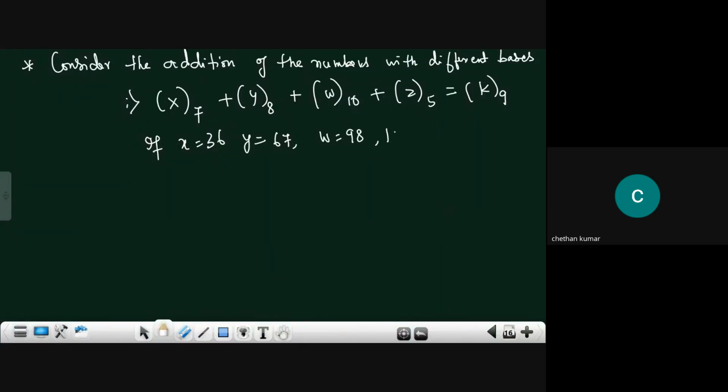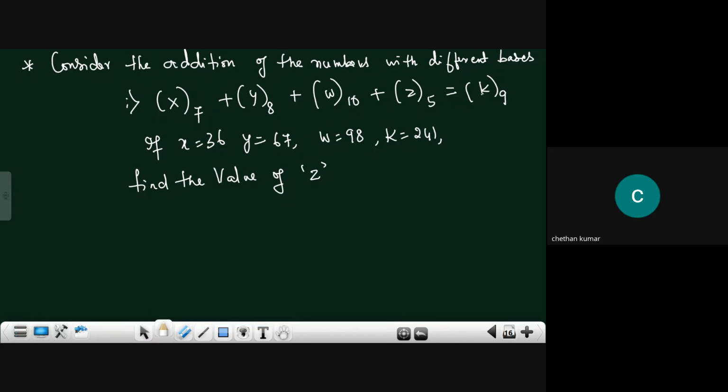Then K is equal to 241. What is asked to do? Find the value of what? Value of Z. K is equal to 241.